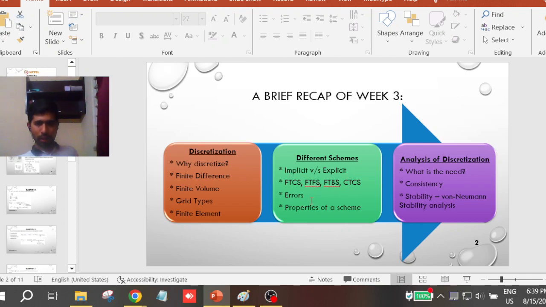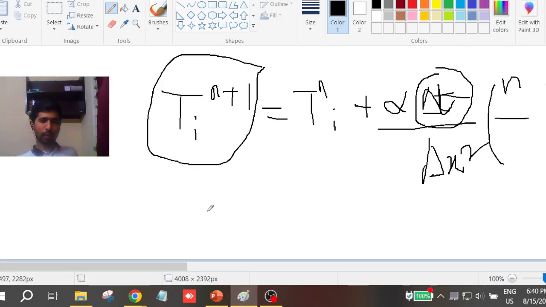And then errors also you studied. Now what are the different types of errors which you can come up with? You have the truncation error, which is already there. The second thing is the round off error.